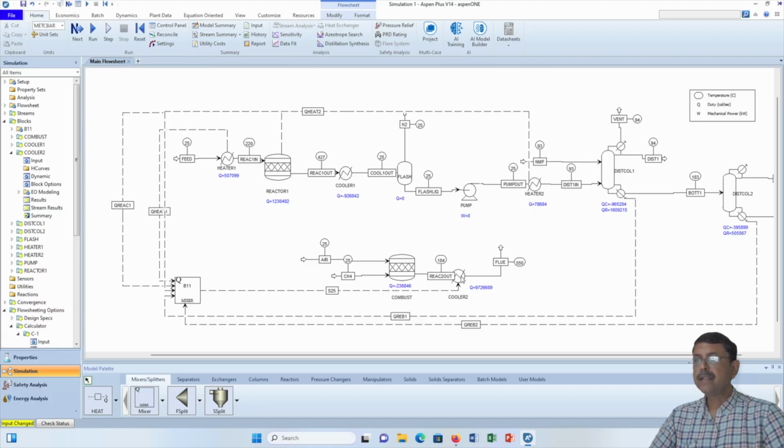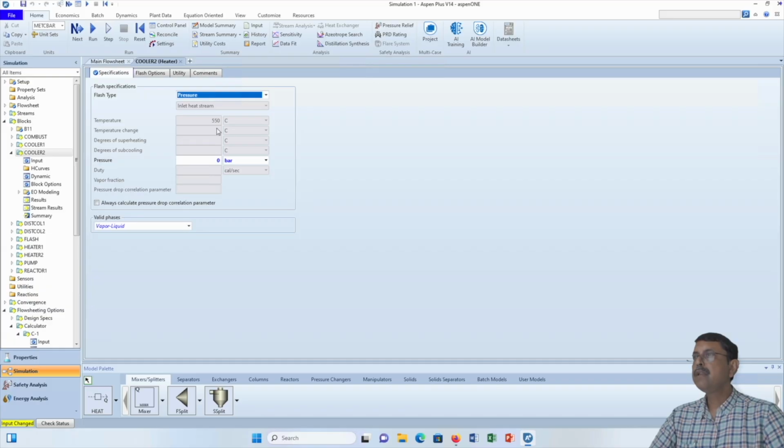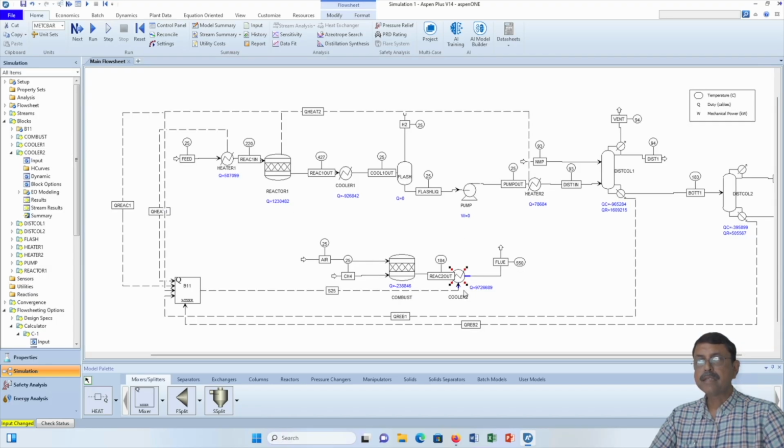Once we have connected this, we do not have any information over here. We can give only the pressure information, because now the temperature of this will be guided by whatever amount of heat it has supplied to these heaters. Okay, so let us now run the process.